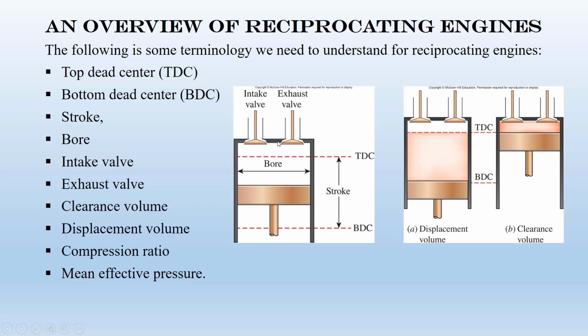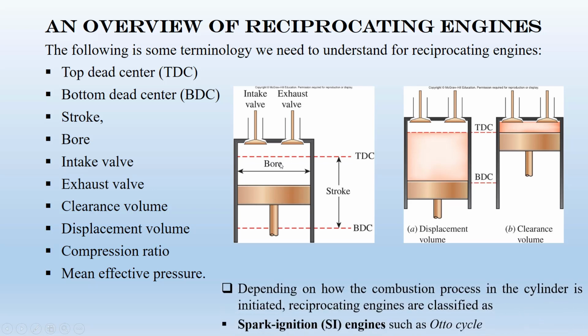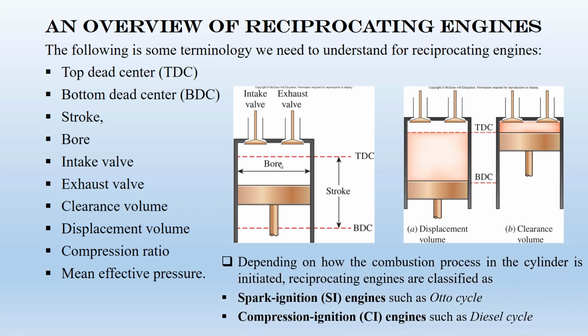Based on the source of heat to start this combustion reaction, we may have spark ignition engines or SI engines and compression ignition engines. In the spark ignition engines, this heat is supplied by a spark plug. So there's a spark plug here to just supply heat and then to start the combustion reaction. So an example for this spark ignition engine is Otto cycle.